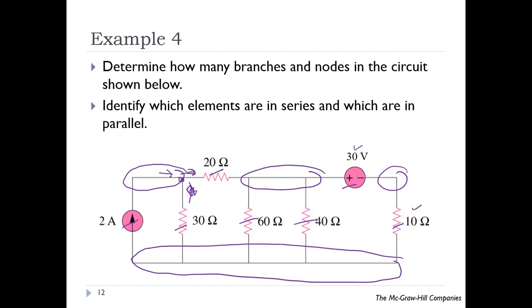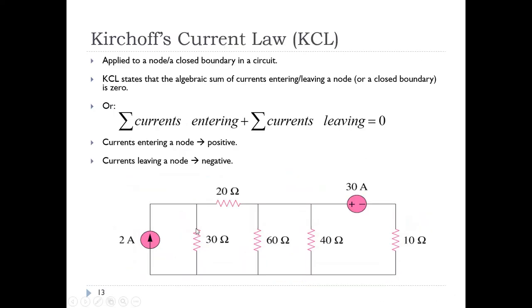So you don't have the same current flowing through 30 ohm and 20 ohm. So they are not in series or parallel. For the case of parallel connected elements, 60 and 40 are in parallel because they are connected to the same two nodes, and similarly 2 ampere and 30 ohm.